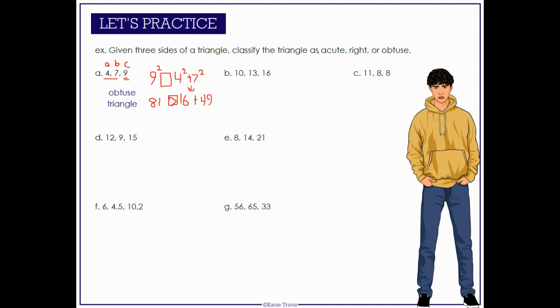All right, let's check the next one. We got our C here. We got A and B. Let's check it out. We got 16 squared plus, not plus, my fault. Let me go and erase that. 16 squared, and we got our blank, and then we got 10 squared.